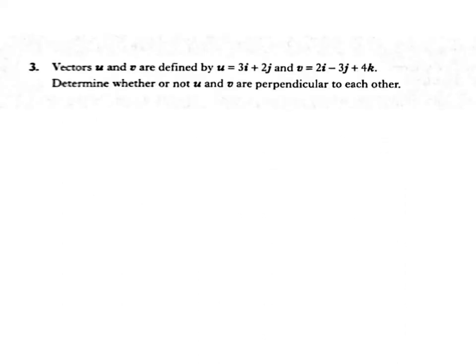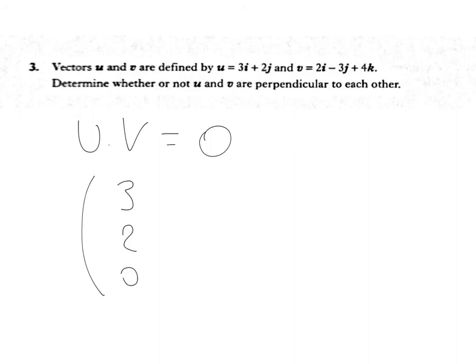Section 8, question 5. Vectors u and v are defined by u equals 3i plus 2j and v equals 2i minus 3j plus 4k. Determine whether or not u and v are perpendicular to each other. If the vectors are perpendicular, then the scalar product is equal to 0, so let's investigate that. The components for u are 3, 2, 0. The components for v are 2, minus 3, 4.